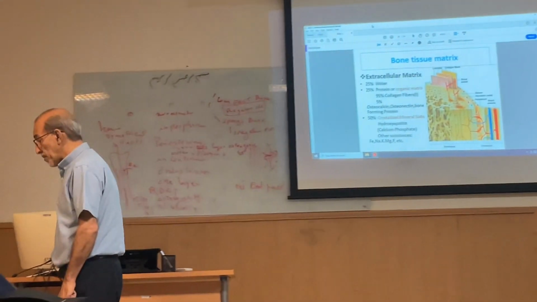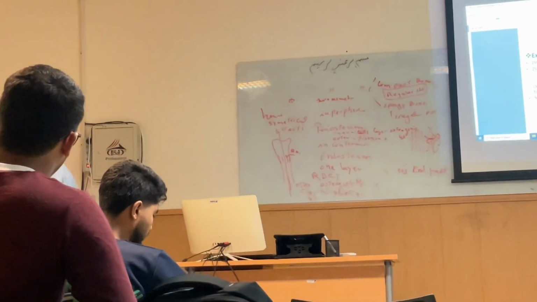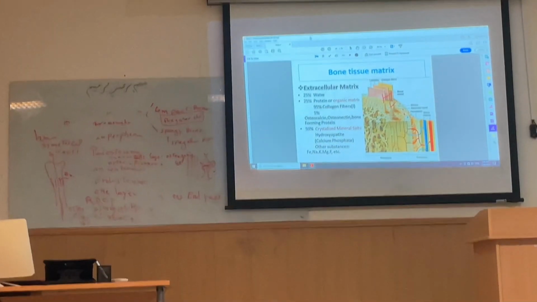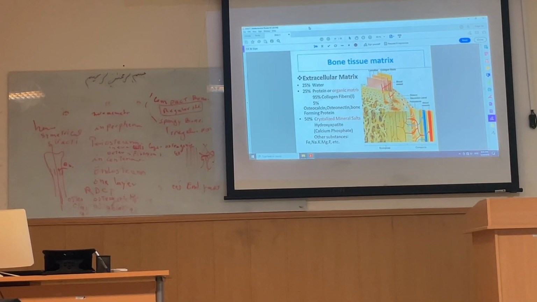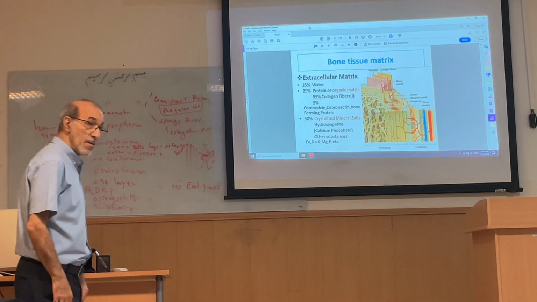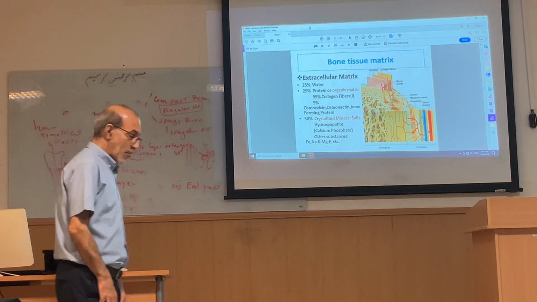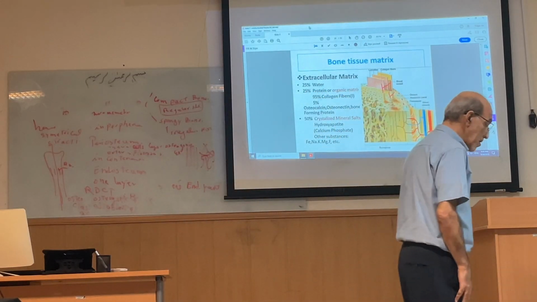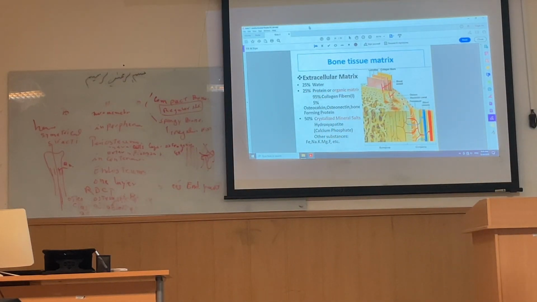Spongy bone. Compact bone. Periosteum. This is a school. Now the bone of the pelvis. Periosteum. Compact bone. Spongy bone. Endosteum. Bone marrow. Endosteum. Spongy bone. Compact bone. Periosteum. What is the difference between the two types?